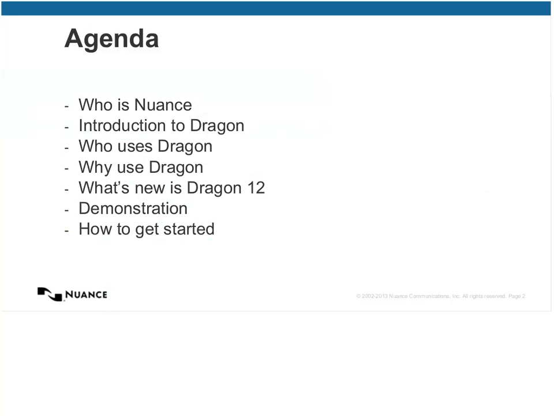We'll go through an introduction of Dragon, who uses Dragon and why, and a couple of the key features that are new to Dragon 12. I'm joined today by Tom Dane, one of our senior sales engineers, and he's going to take you through a demonstration of the software. And then we're going to talk a little bit about how to get started, and that's where technical support and some of our training options will come into play.